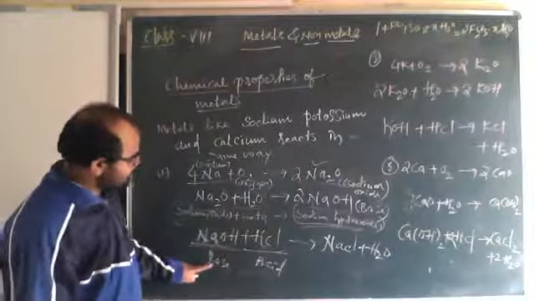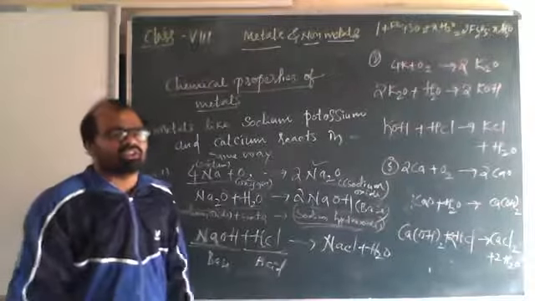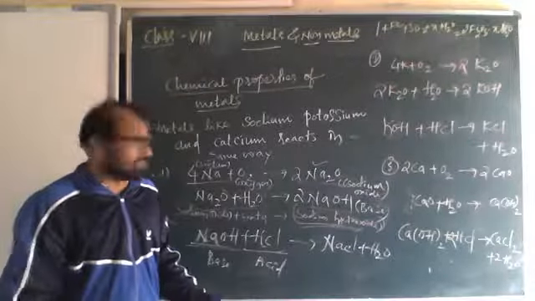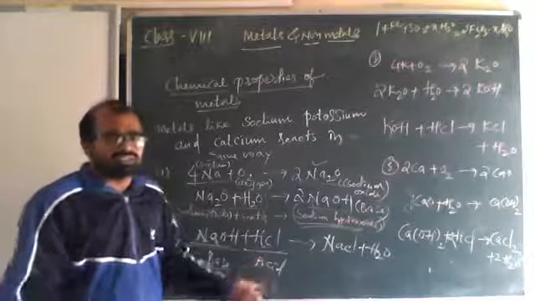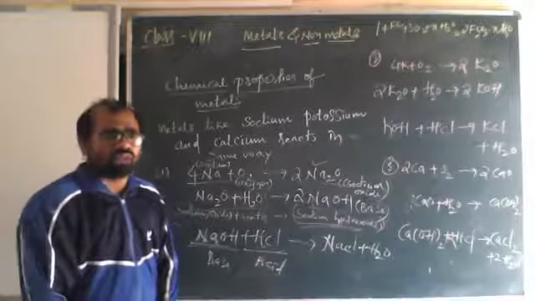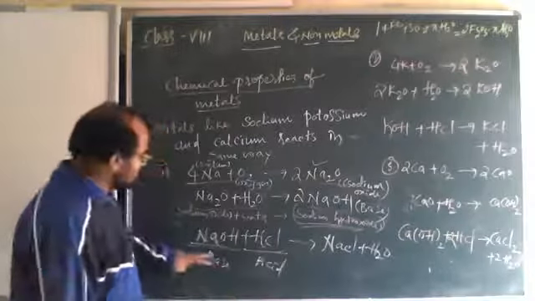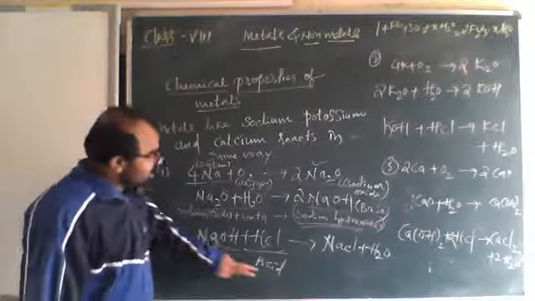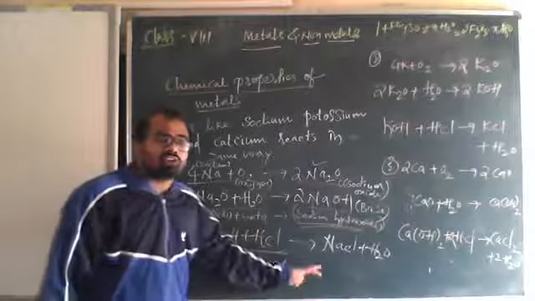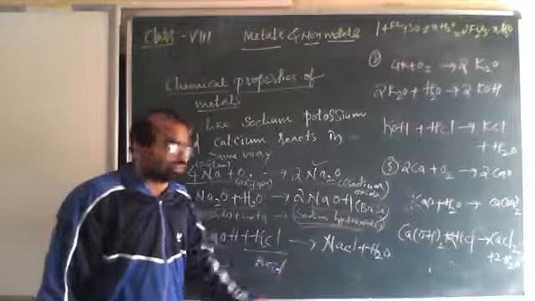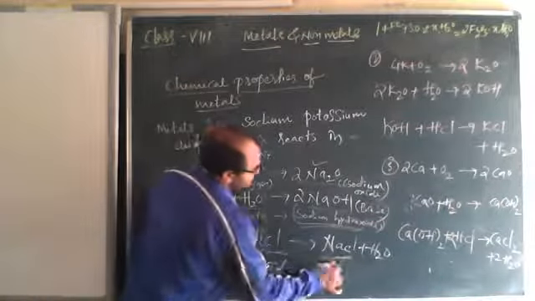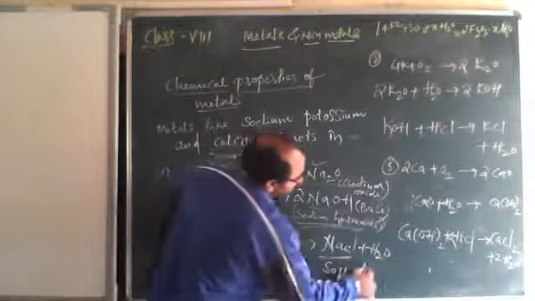Similarly here, a base is reacting with acid. There is no difference: base reacts with acid or acid reacts with base, both are the same. So when base reacts with acid, it forms salt, NaCl, with water.